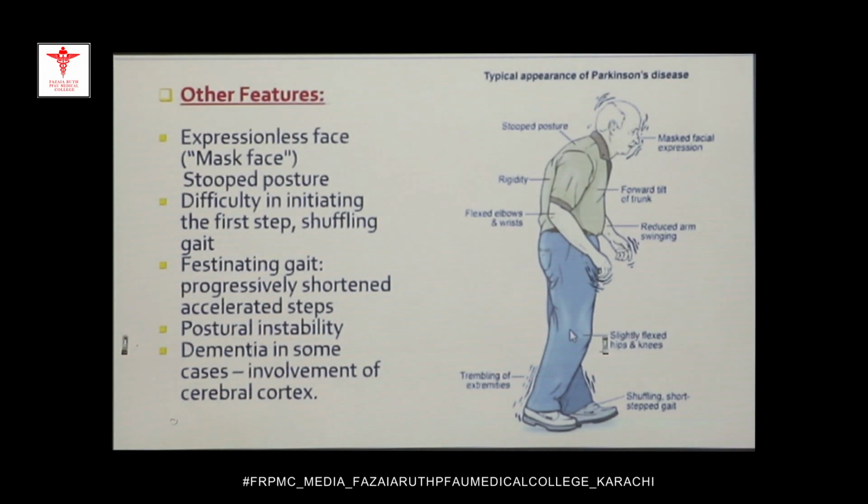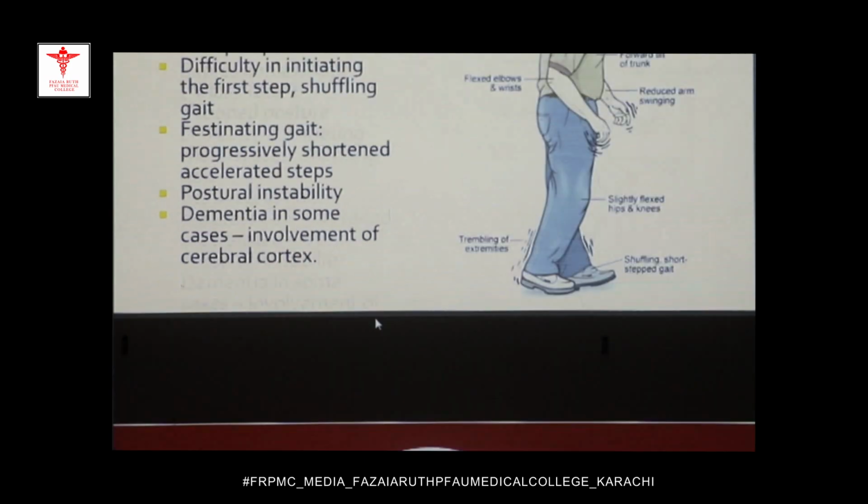When the person tries to walk, it is difficult to initiate the walking movement. Initially, the person takes short steps, known as shuffling steps. Later on, there is acceleration of these short steps, and this is known as festinating gait. So there will be postural instability as well, and the patient may fall. And later on, there may be cognitive disturbance in the cerebral cortex resulting in dementia.